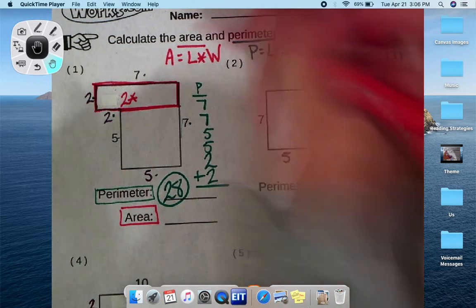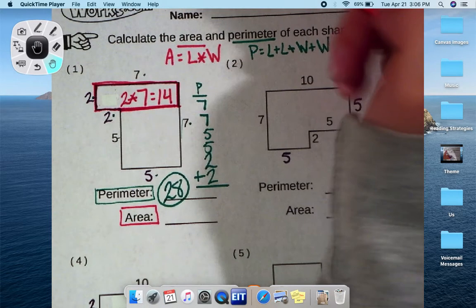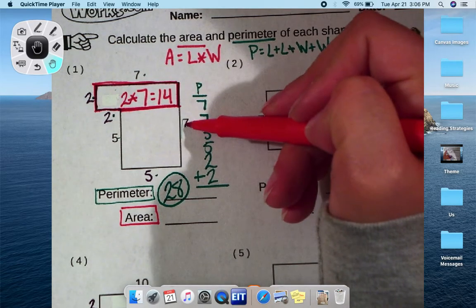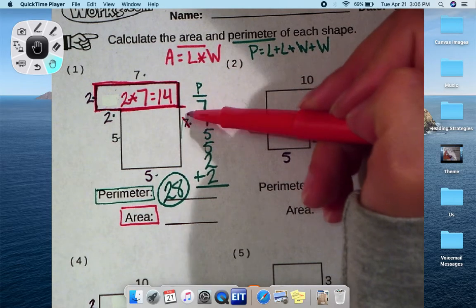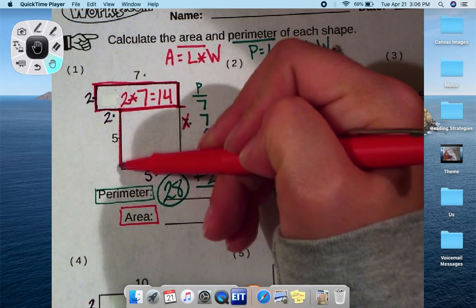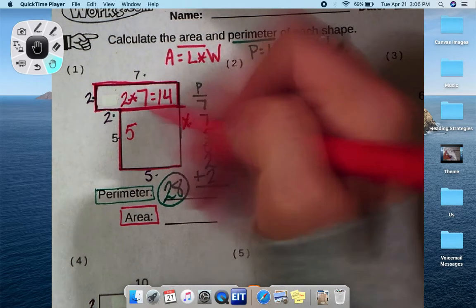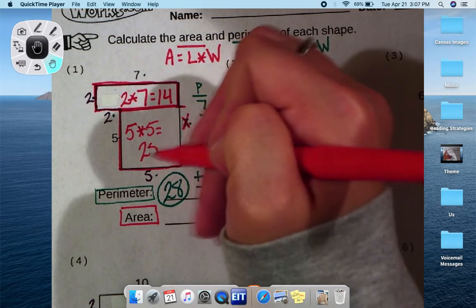So 7. So 2 times 7 gives me 14. This 7 is getting cut right here, so it's no longer a 7. But I still have a length of 5 and a width of 5 to get 25.